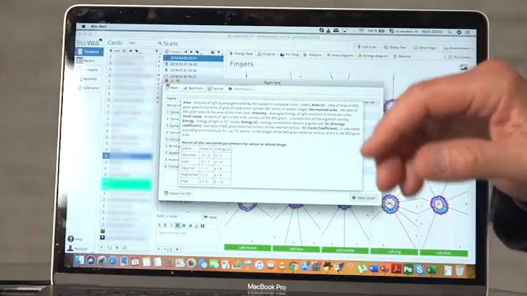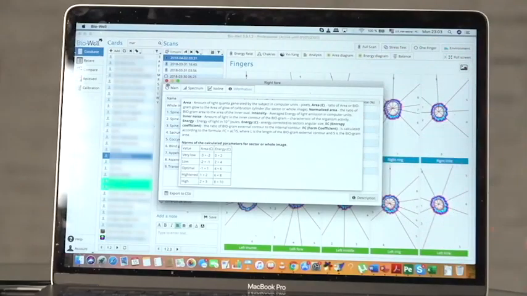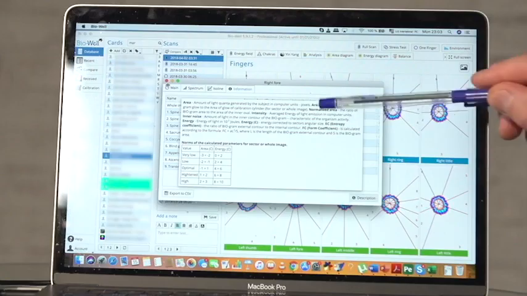So here you can see the meaning of every parameter. You can find a description of this in our materials, in our books. And then, of course, you can use it for analysis. But what's important? If you are not a professional scientist, if you're not a professional researcher, I don't recommend you look at these parameters very deeply, because it's difficult to understand sometimes.